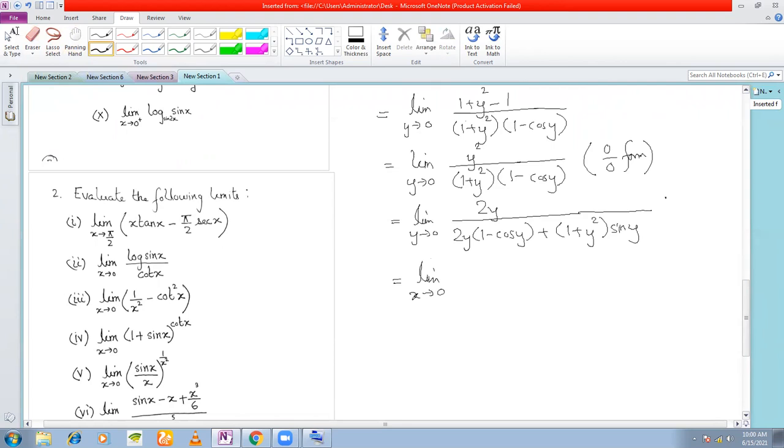This by LH rule, and we get a 0 by 0 form.